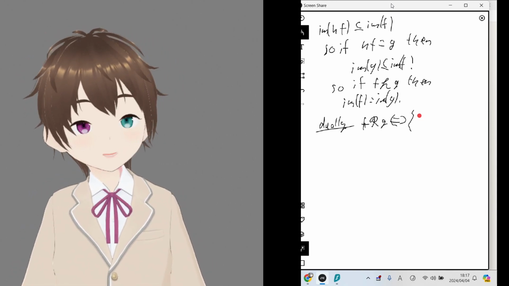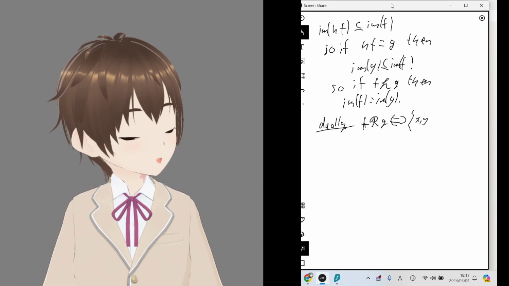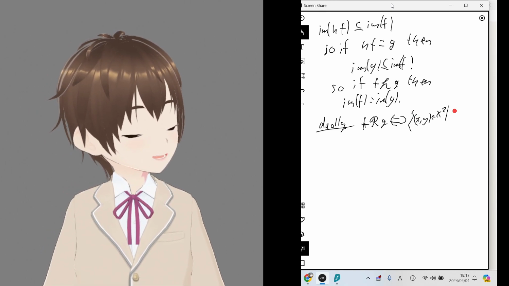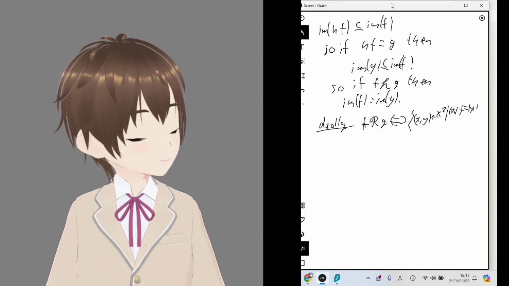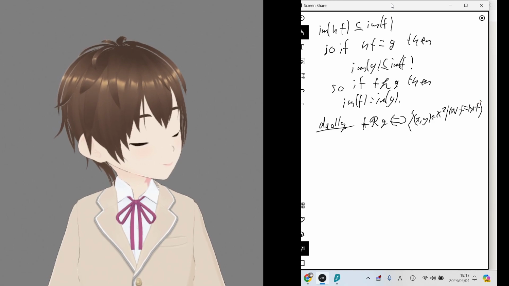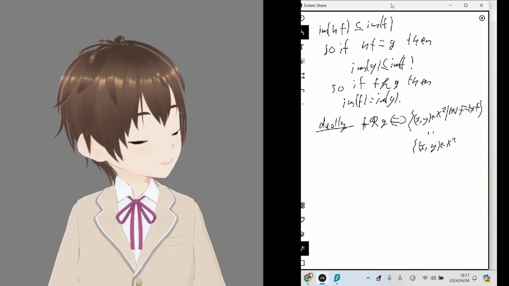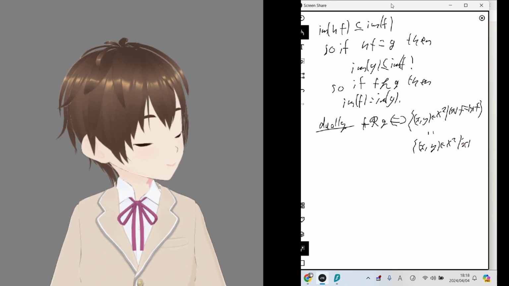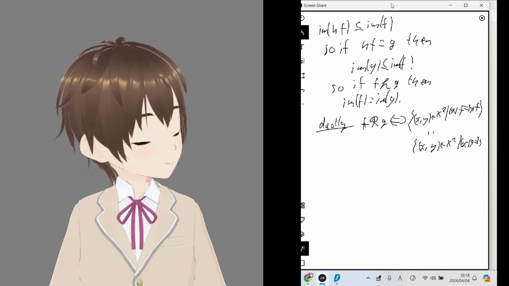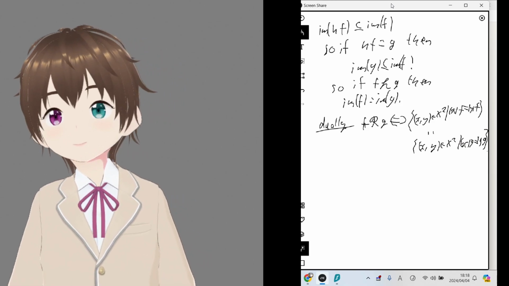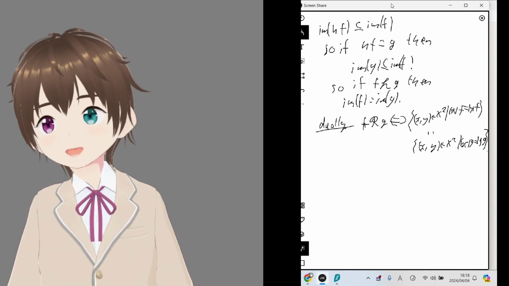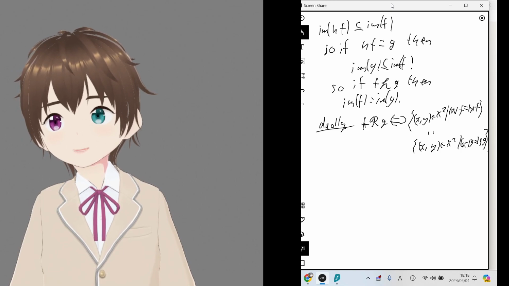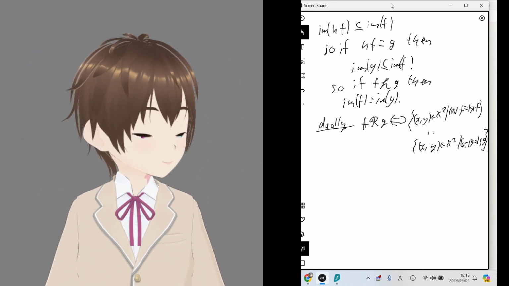So if and only if the equivalence relation {(x, y) in X squared such that xf equals yf} is equal to {(x, y) in X squared such that xg equals yg}. So these are the equivalence relations corresponding to f and g. And in the same way that these correspond to the same substructure, these correspond to the same quotient structure of the set in question.